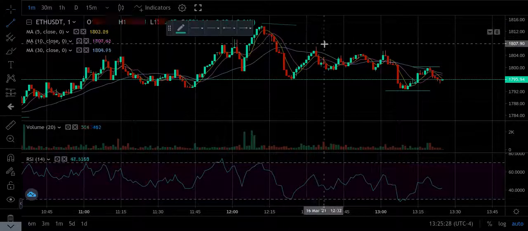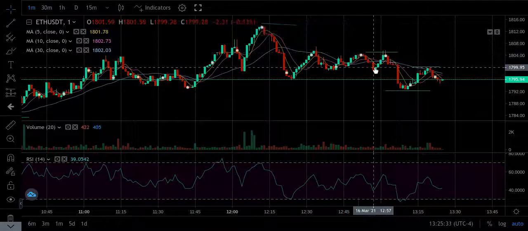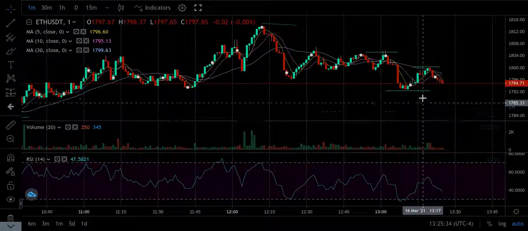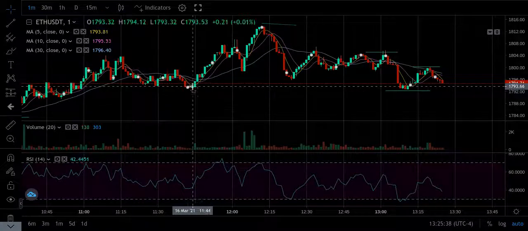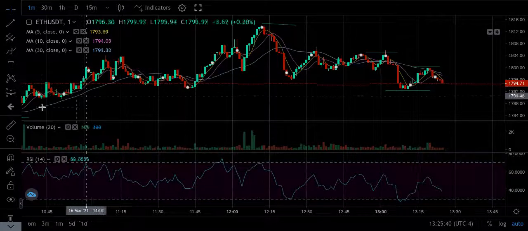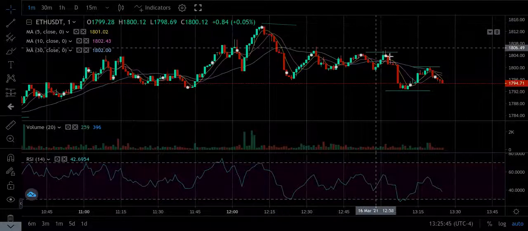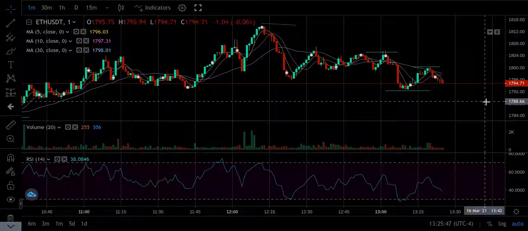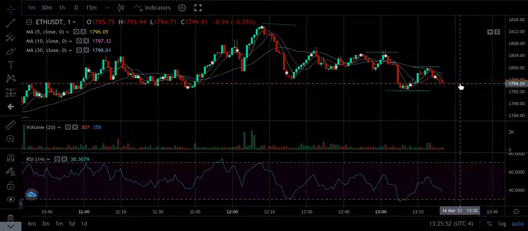That gives me my legs of what I'm looking at. Boom, boom, boom. I've got my first support leg, more or less strong support here, that almost matches up here before we fall down. I've got my resistance levels up here and here and here, so 3 legs up. And this is where we're trading right now, at 1794.